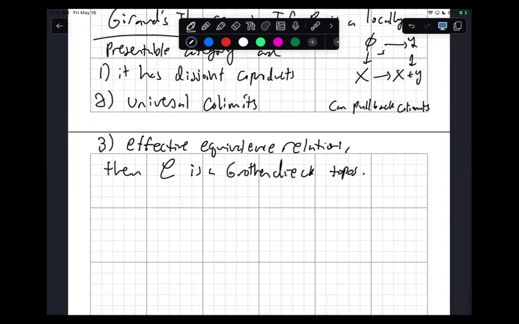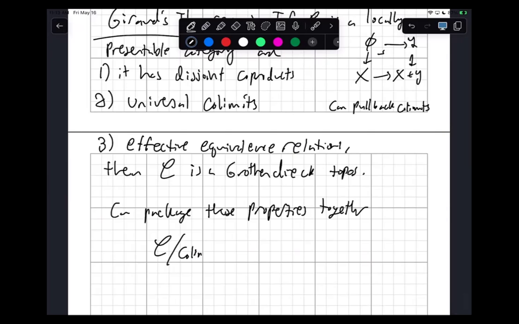You can package these properties together. It says, suppose I have some diagram and I take the colimit, right? And then I take the slice category over that colimit.